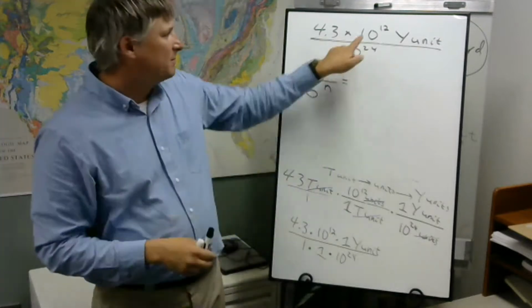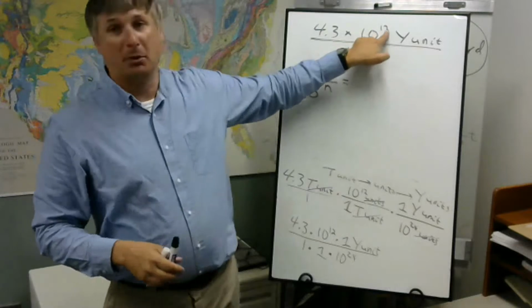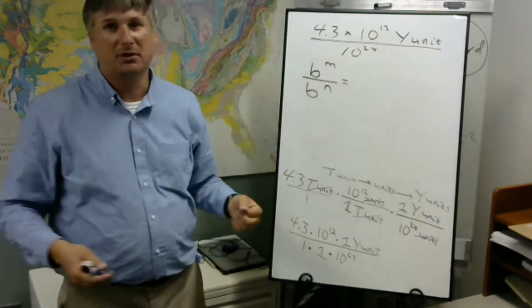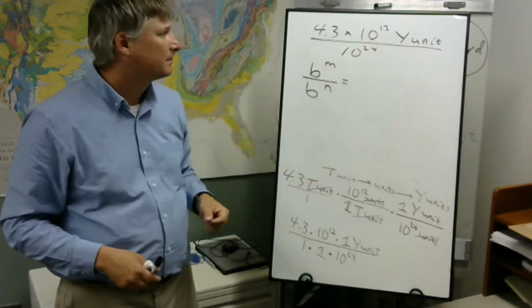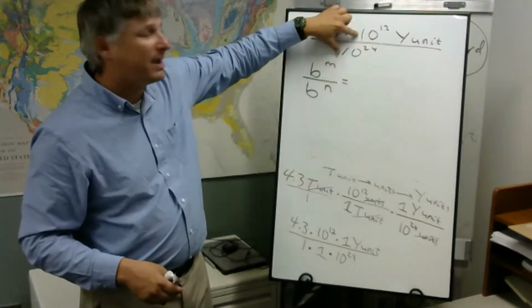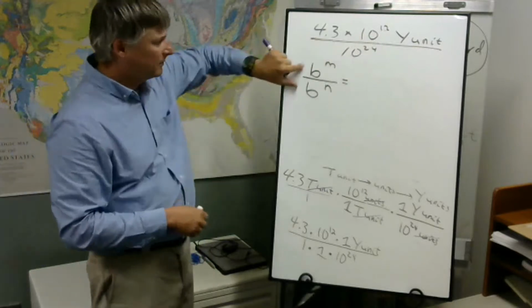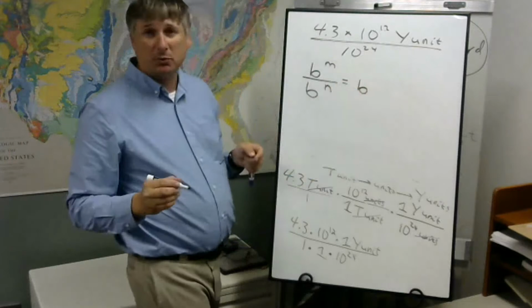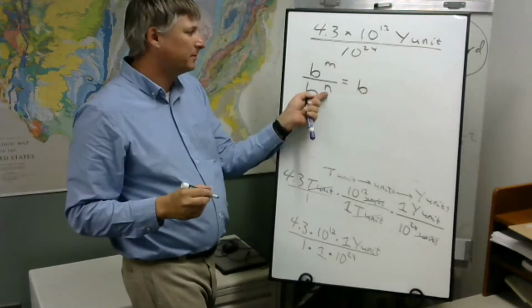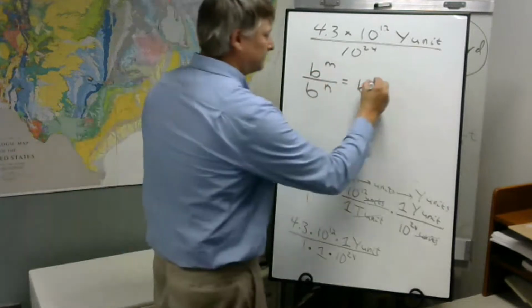So an exponential expression has a base and an exponent. And when the bases match, like they do here, we always subtract the bottom exponent from the top.